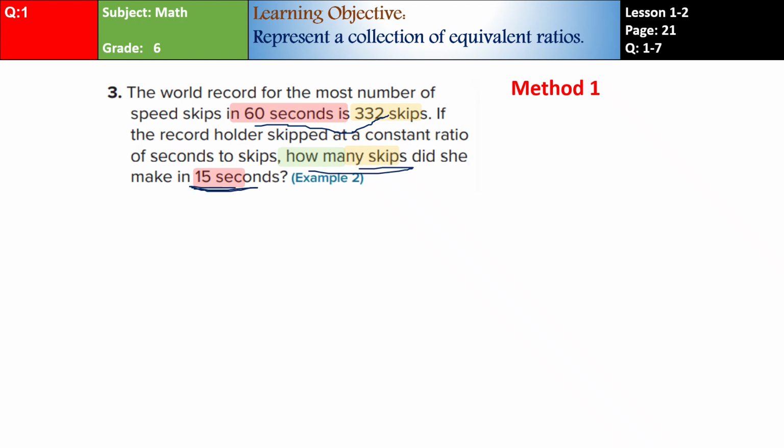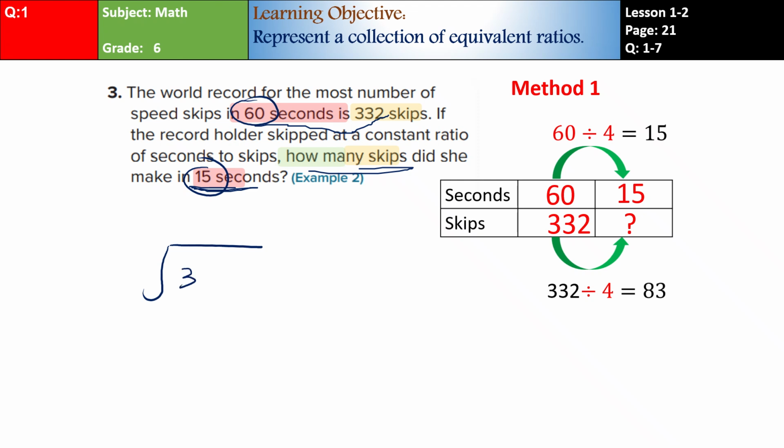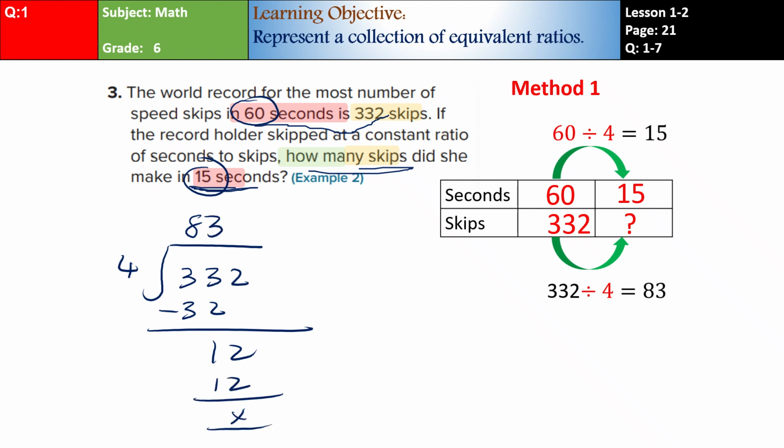Before it was 60, so 60 became 15, so we can say that 60 divided by 4 is 15. So we will divide 332 with 4. So here you can do the long division. 3 3 2, 4 8 times is 32 minus 12. 4 3 times 12. This is how we got 83. So 83 skips is the answer.